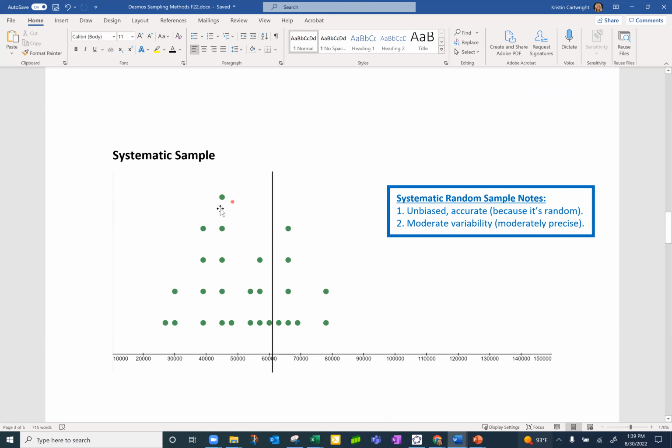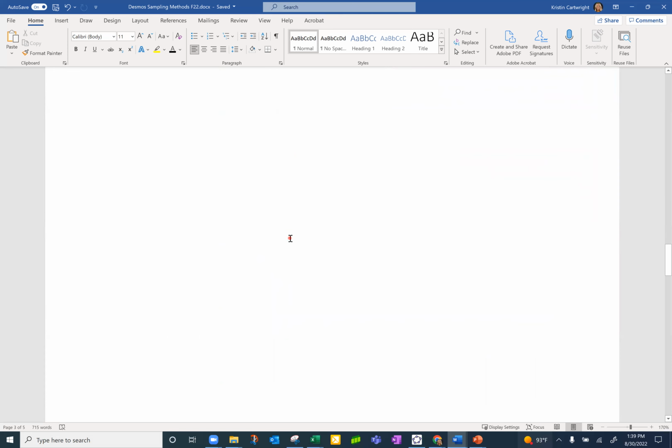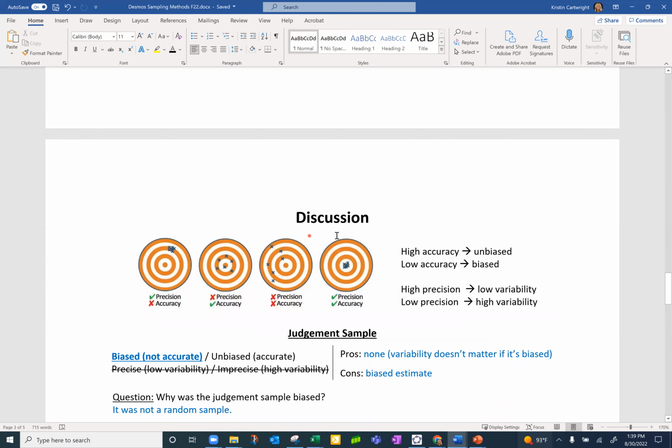So I hope that was helpful for you to see the averages of all your classmates, so you can see how this looks and the differences between the different ways we can sample things. Just going on to mention a few more things before I'm done. We obviously want to be highly accurate and have high precision, which means low variability, so not as spread apart in our data, and to have it be unbiased.